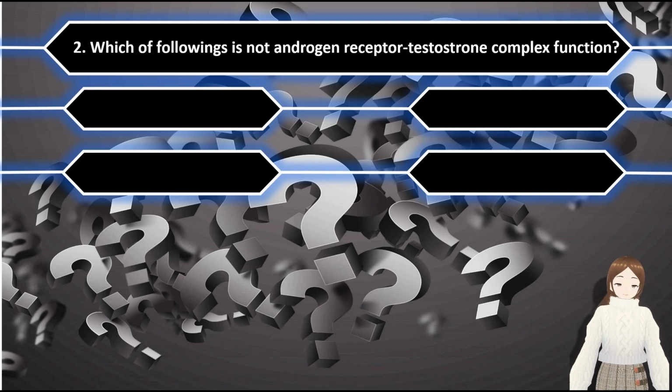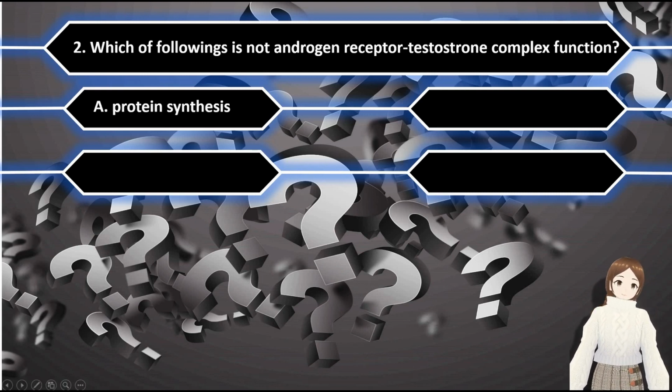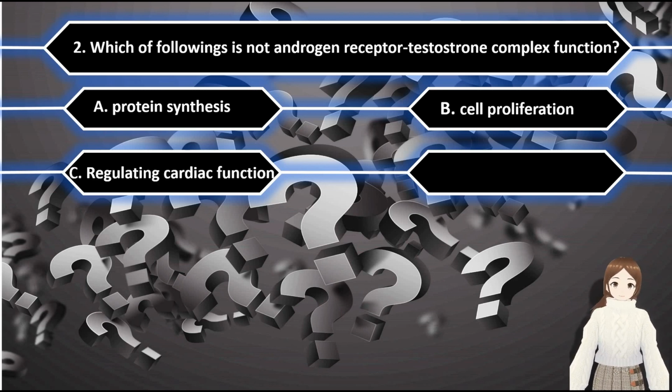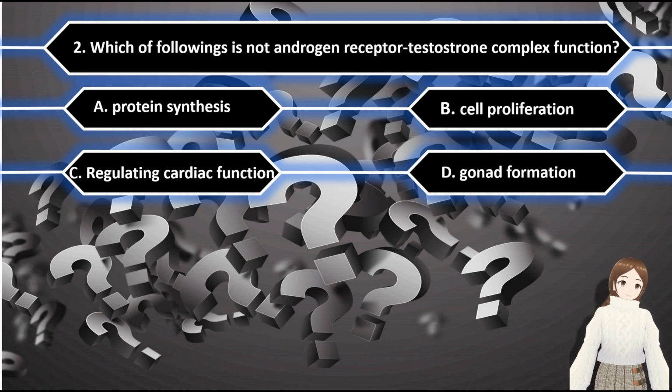Question number 2. Which of following is not androgen receptor testosterone complex function? A. Protein synthesis, B. Cell proliferation, C. Regulating cardiac function, and D. Gonad formation.